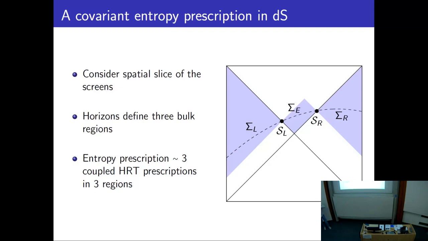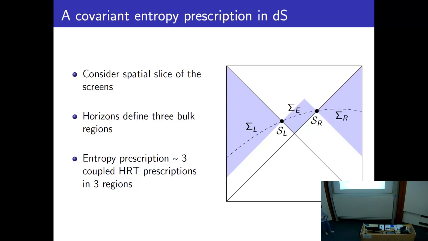We start from some Cauchy slice in the bulk, which is here the dashed line. And the two cosmological horizons here, the diagonal lines, naturally divide this Cauchy slice in three parts: the left, right, and exterior part. They also define naturally the two holographic screens associated to this slice that we note SL and SR.